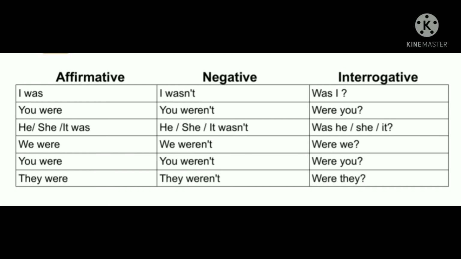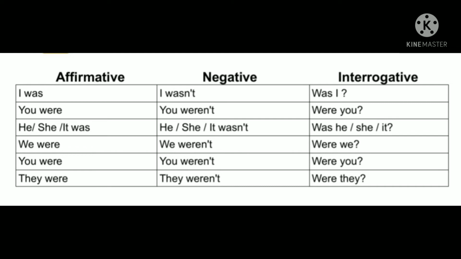I was, you were, she was, it was, and he was. Let me describe for those who don't know the English language. She is when we talk about a girl, he when we talk about a boy, and it when we talk about things or animals.